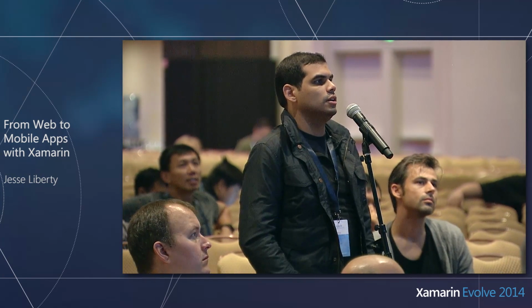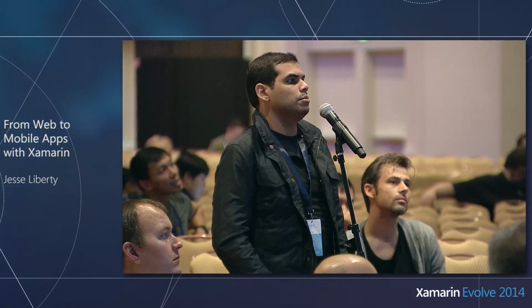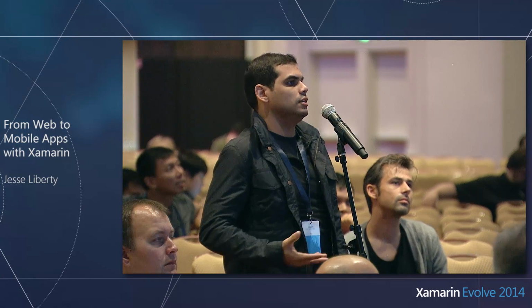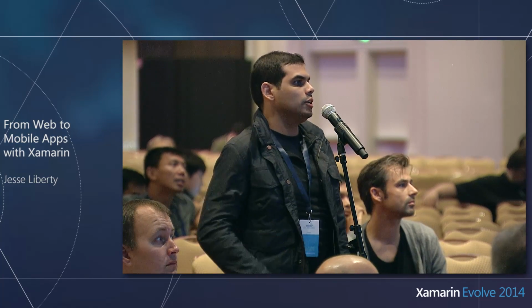Yes, sir? Does it have to be an ASP.NET application, or can it be a Sencha Touch or jQuery application? Worse than that. It has to be an MVC application, or at least an application that uses Razor. Because the syntax that we're migrating is the Razor syntax.